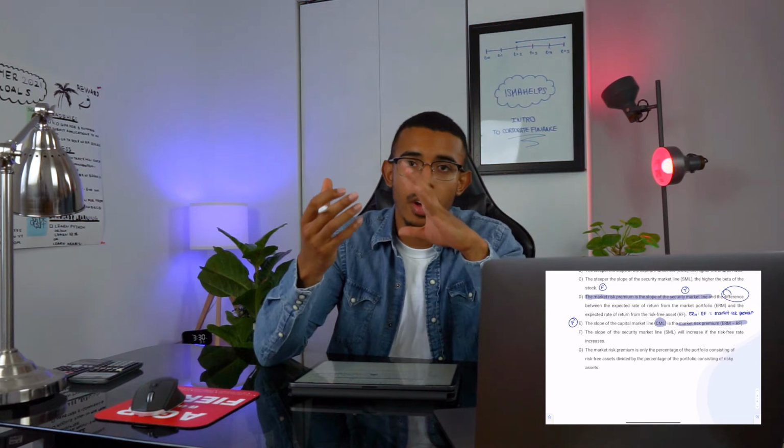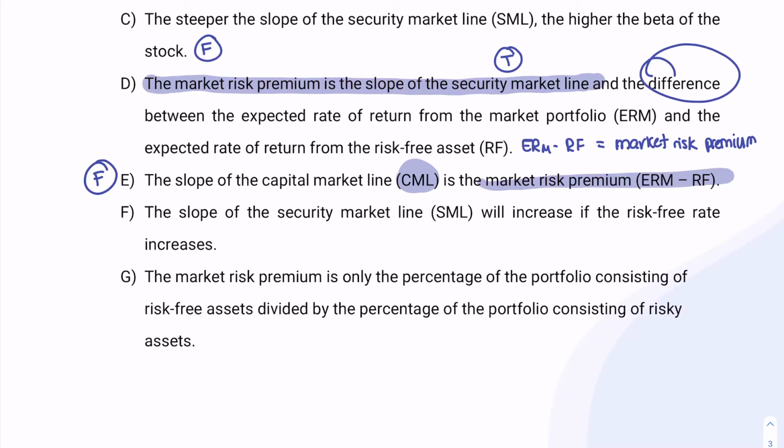Now we have another prompt that's super interesting, and this one's a little bit more difficult, but if we look at our formulas and we look at our graph, we actually get to make sense of what's going on. So F tells you that the slope of the security market line will increase if the risk-free rate increases.